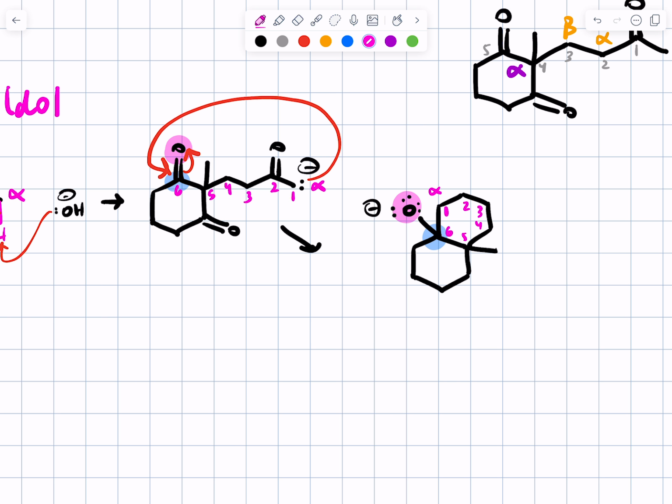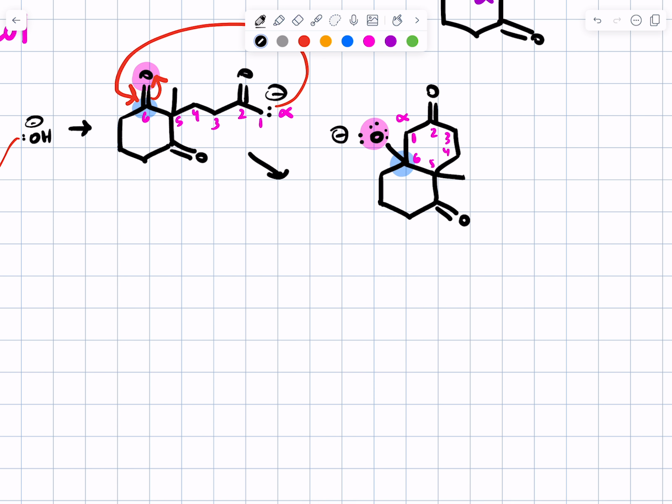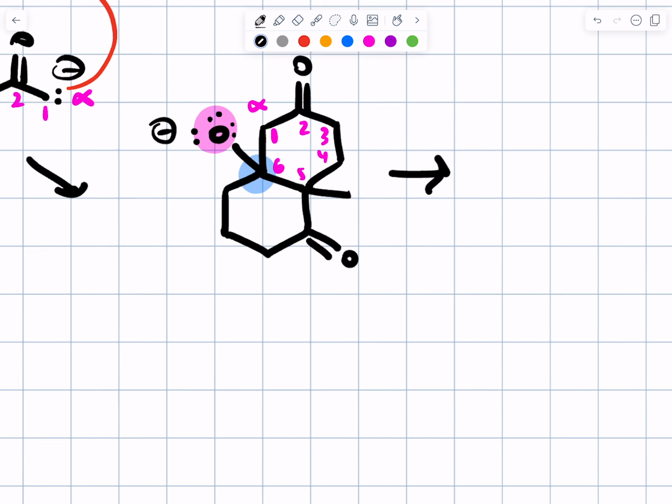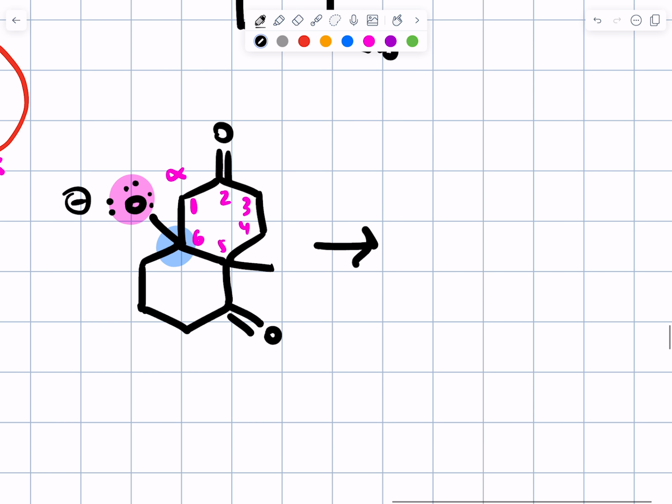Okay, and then carbon 2 has a carbonyl on it. And then over here I'm missing a carbonyl oxygen. All right, that's the tetrahedral intermediate after the intramolecular aldol. What follows is just exactly what you expect for the aldol reaction, which is we'll protonate the negatively charged oxygen of that tetrahedral intermediate.